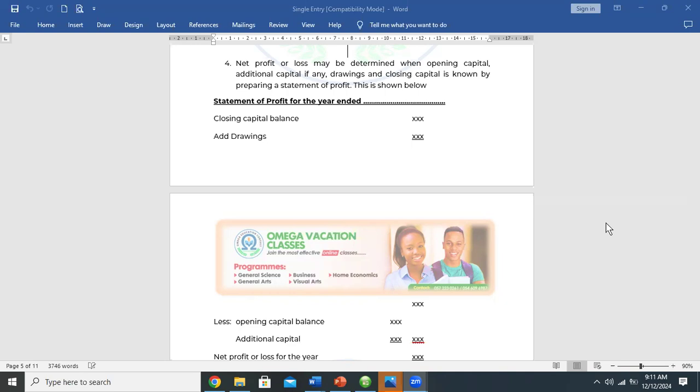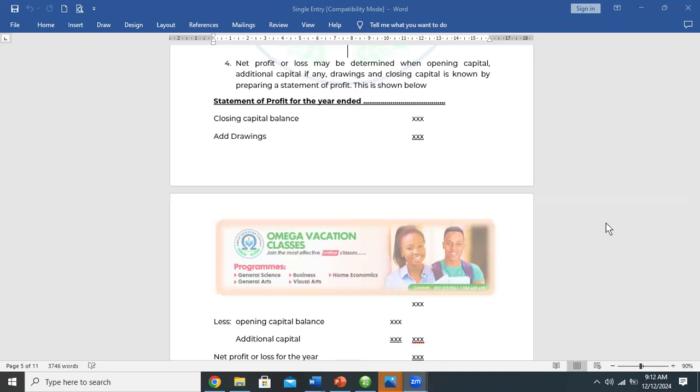Like the question we just solved, we had information about debtors, so we could prepare the debtors account and get our credit sales. What if we didn't have any information on debtors? Then how would we have gotten our credit sales? And without the credit sales, you can't prepare your trading account to move on to your profit and loss account to get your net profit.